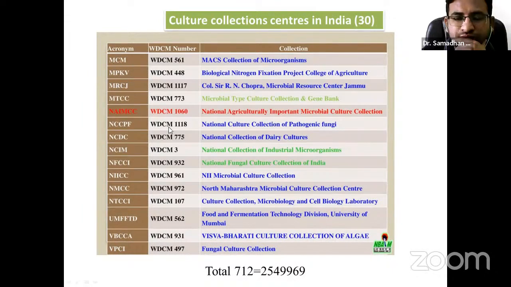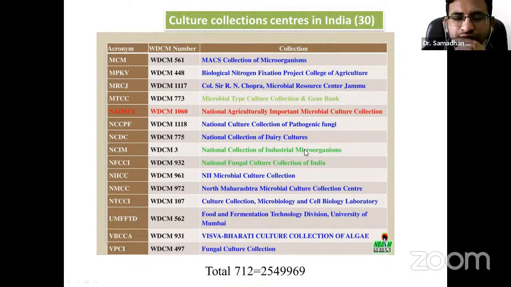You can see here the National Agriculturally Important Microbial Culture Collection. This is the only culture collection in India which has agriculturally important microorganisms, located in Uttar Pradesh. Then there are other culture collections, like the fungal culture collection, the Vishwa Bharati culture collection, and the National Fungal Culture Collection India.